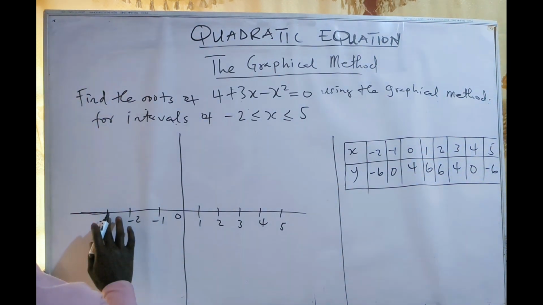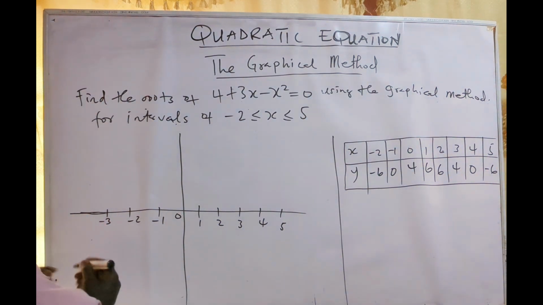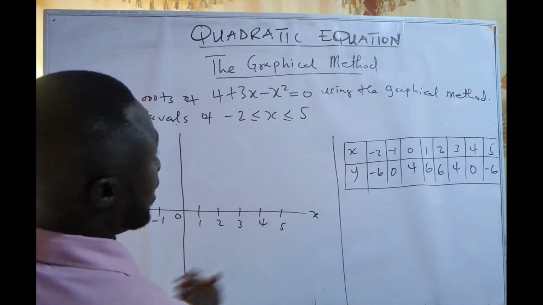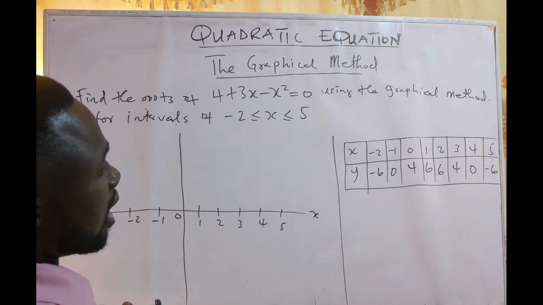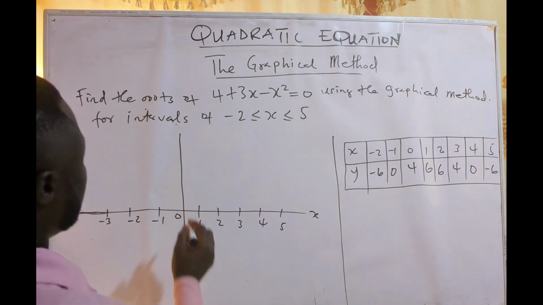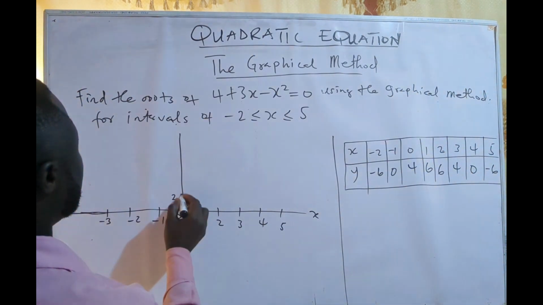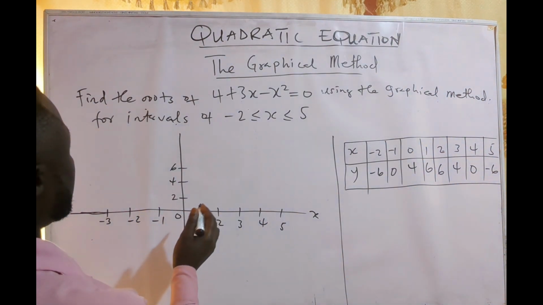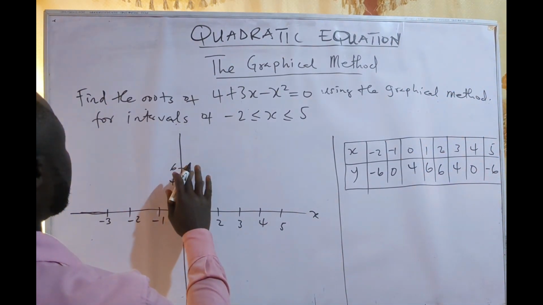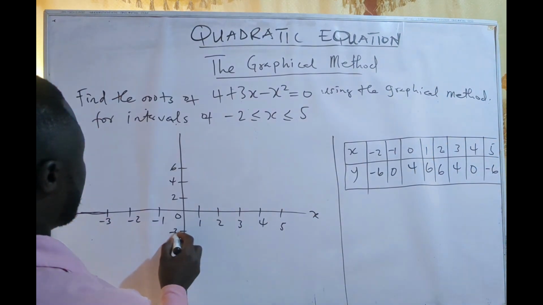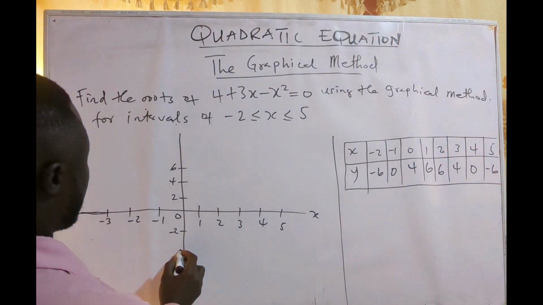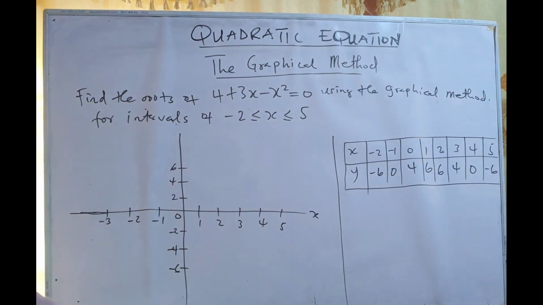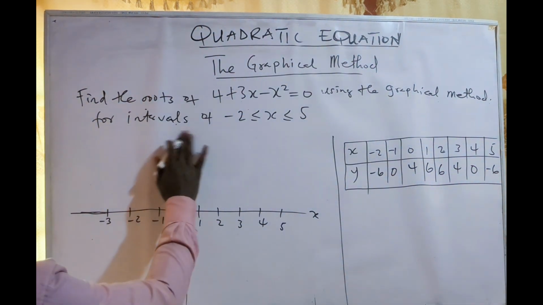Okay, so let's say -3. This is my x. On the y-axis, that is 2, let me use 2, 4, and 6. That is okay. And then -2, -4, -6. That is fine. Okay, so this is my y-axis.